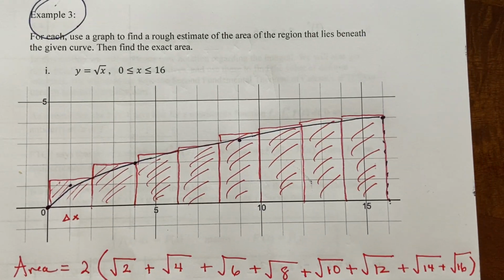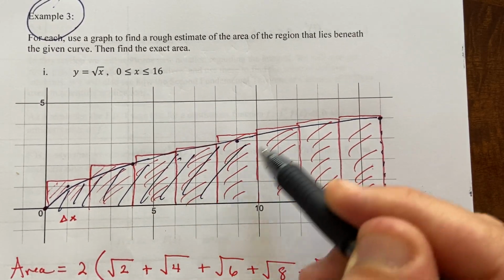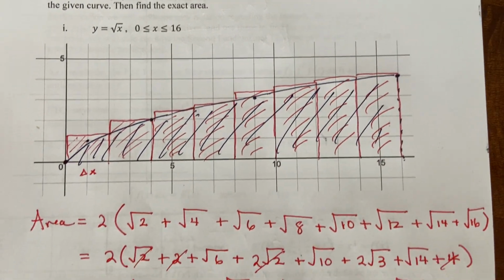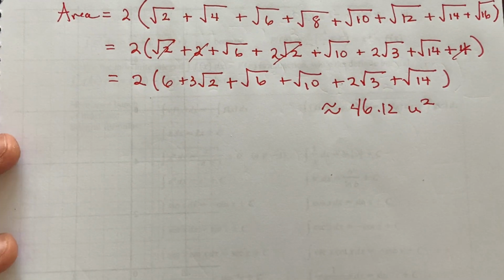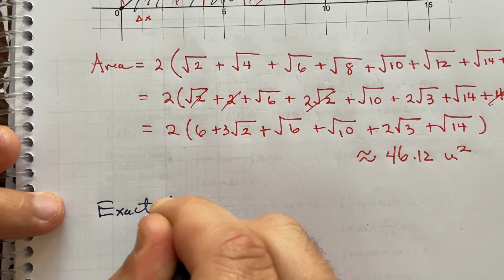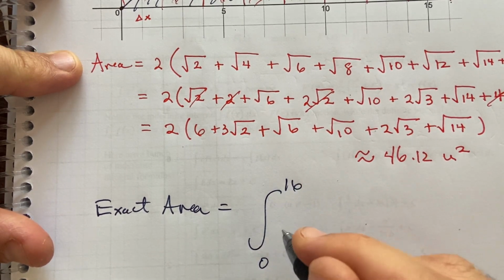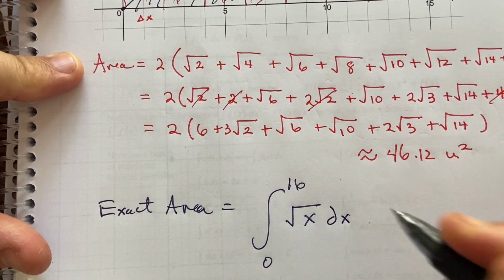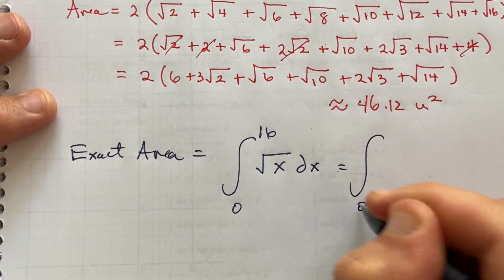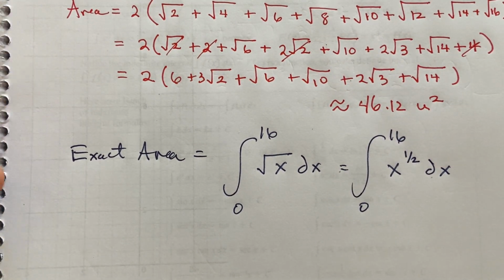Okay, so now to find the exact. If I want to know the exact area, this stuff kind of in dark blue, I need to integrate. So the exact area would be the integral from 0 to 16 of the square root of x dx. That would be the same as the integral from 0 to 16 of x to the 1/2 power dx.